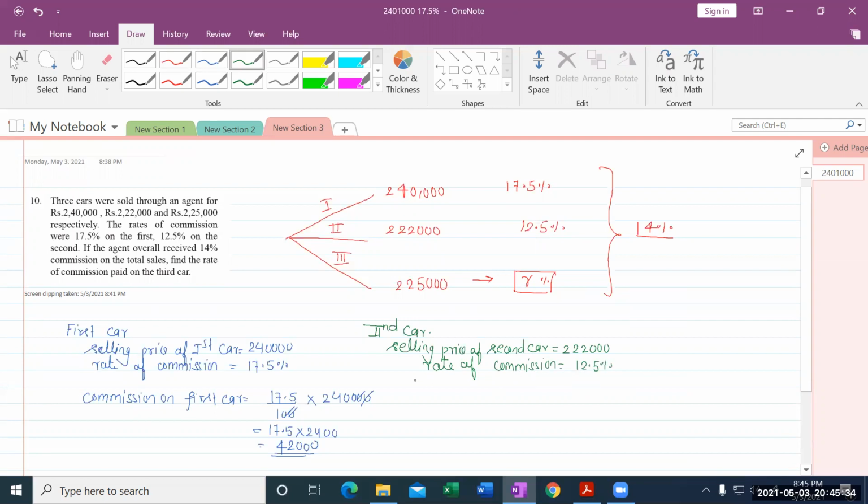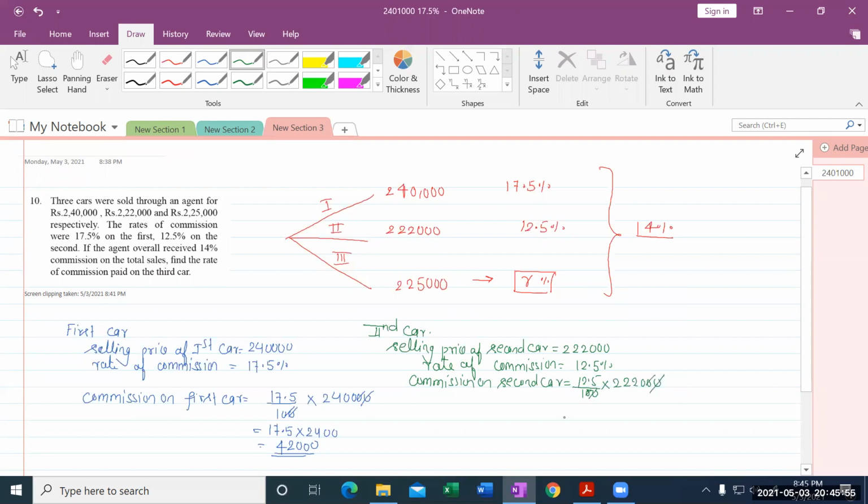Then I will write the commission on the second car. The commission on the second car is nothing but 12.5% of 2,22,000.